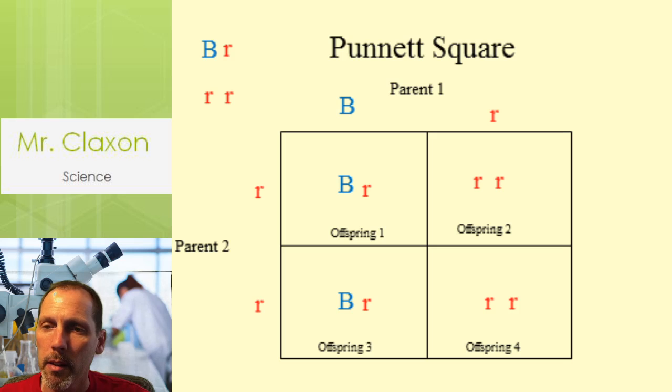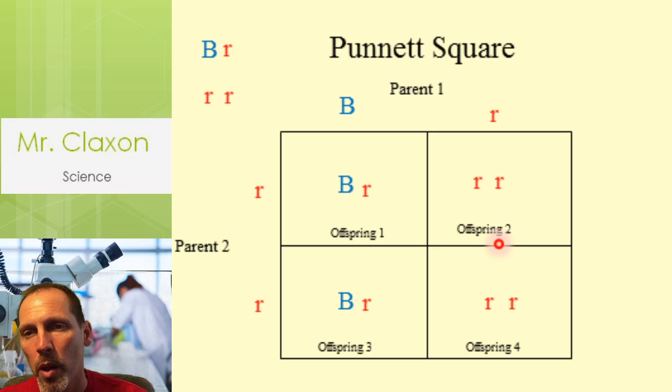So in this example here, there's a 50% chance that you'll get red. This would be red and this would be red, and then these two would both be blue. So 50% chance of getting a blue flower versus a red flower.